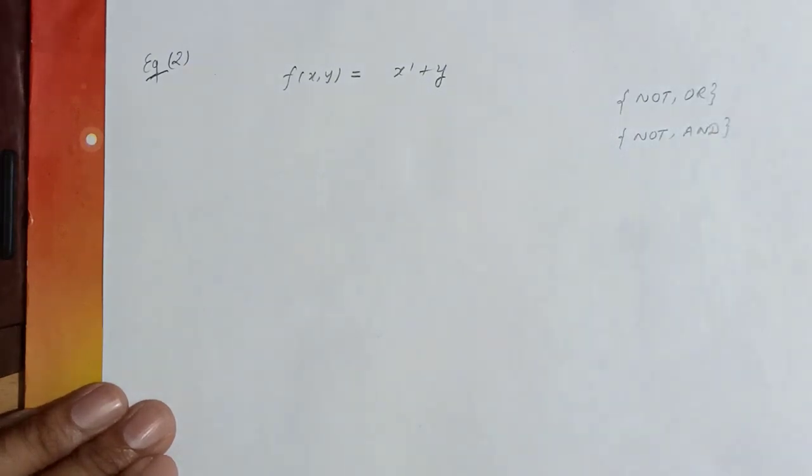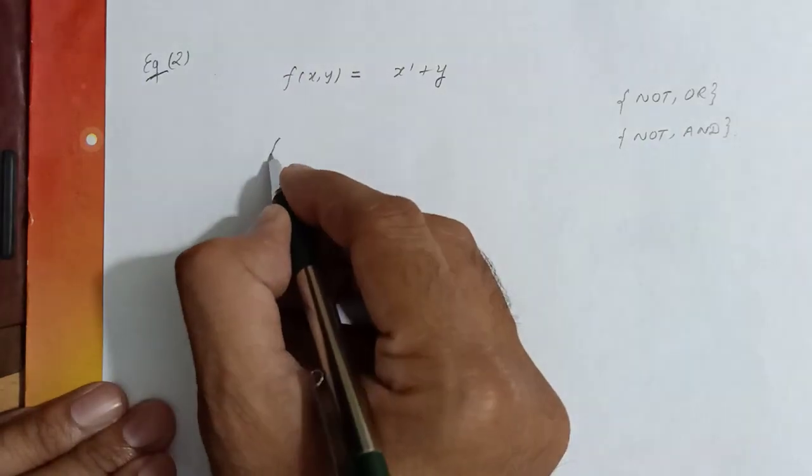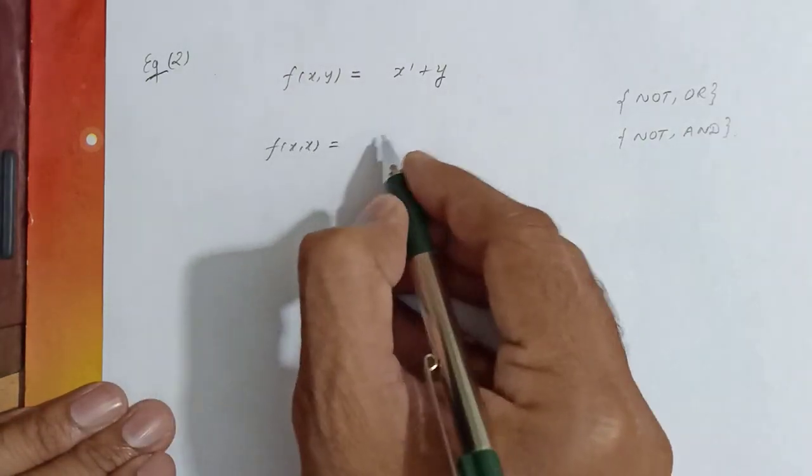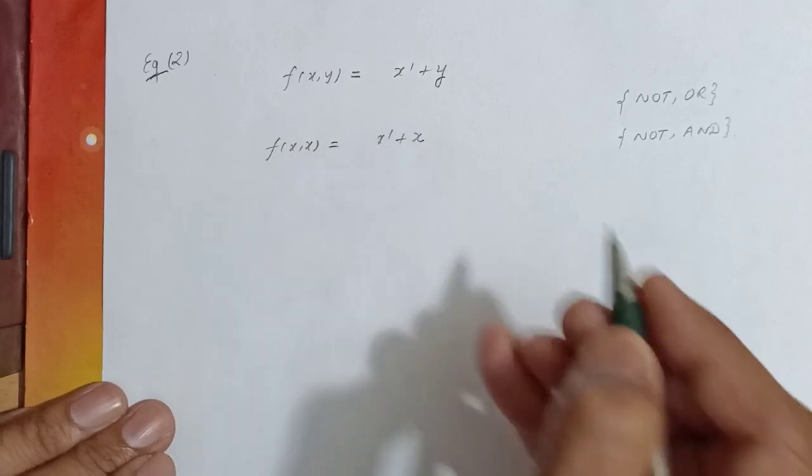Initially we will try to generate the NOT operation. In order to generate NOT, we generally make all the variables the same. So f of x, x is x dash plus x.